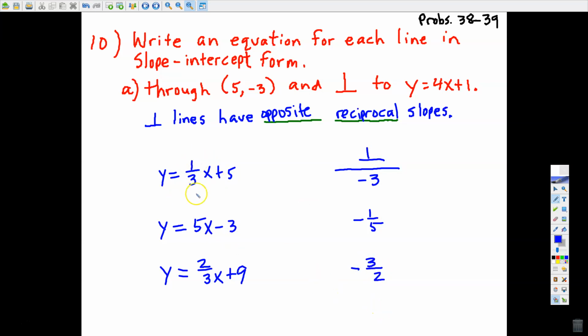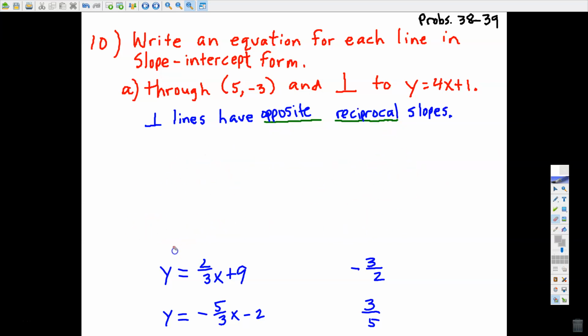And I've started with all positive, so let me just do one more where I start with a negative. Negative 5/3 x minus 2. Then the slope of this is negative 5/3, so the slope of the line perpendicular to it would be positive 3/5. Okay, opposite, reciprocal. Okay, so keep that in mind, and let me just erase these examples.